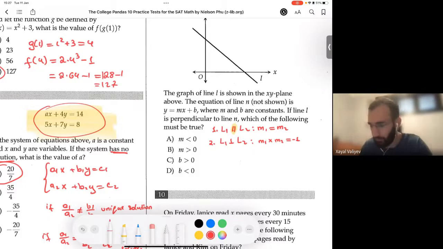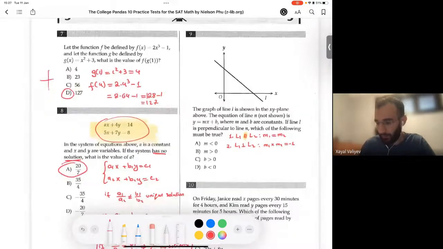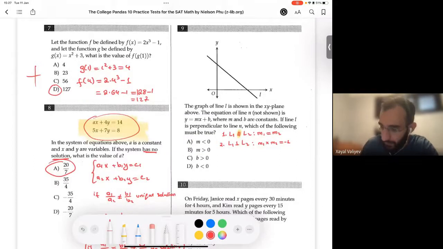So we have two lines here. Basically, we can take this line 1 as line L, and we have another line n, which is perpendicular to this line.